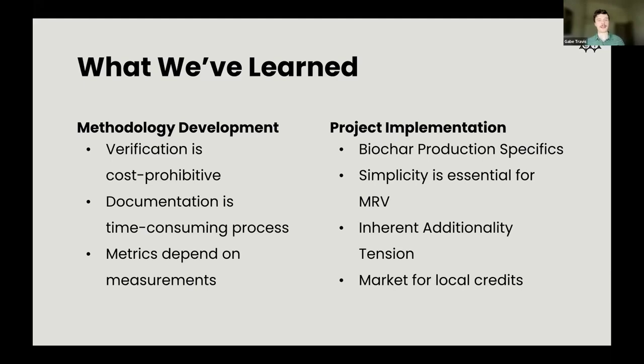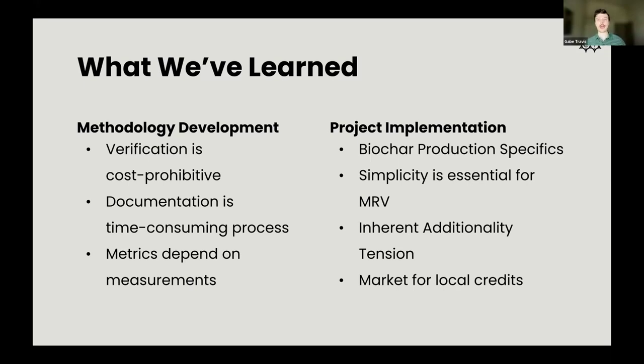And then the last one: metrics depend on measurements. Maybe that isn't very telling, but I can jump into it. We started the process by making some assumptions about the way that we could collect data. Rather than actually getting the mass of the biochar that we were producing, we were hoping to use a National Forest Service calculator that would basically turn the volume of a pile into an estimated mass.